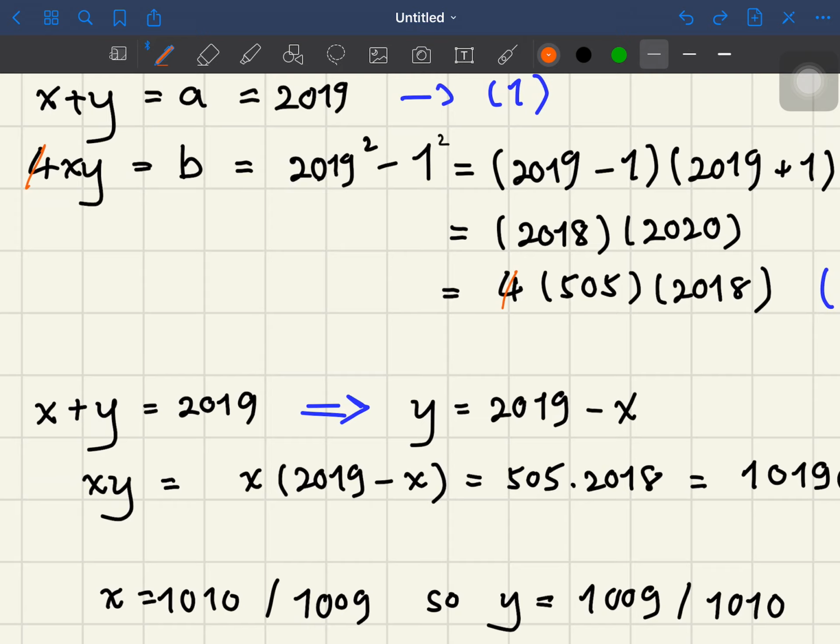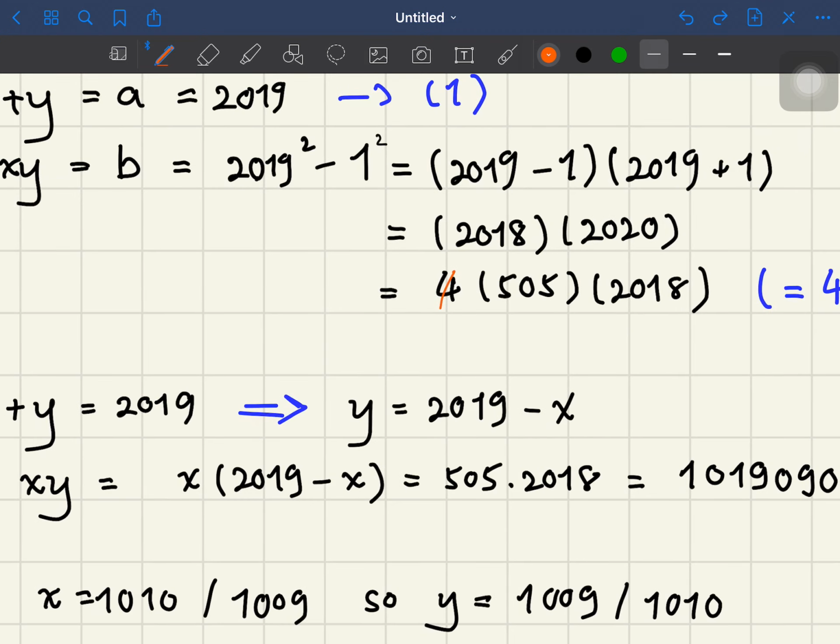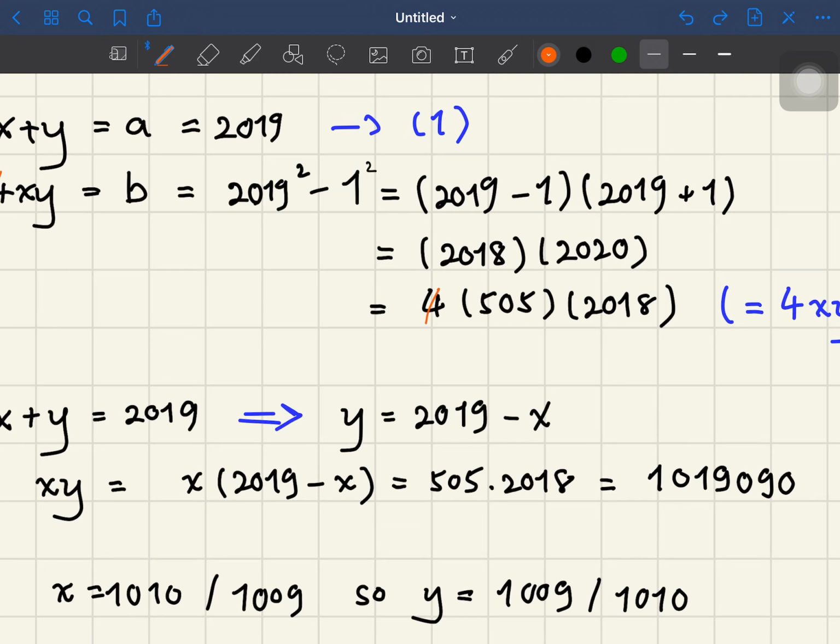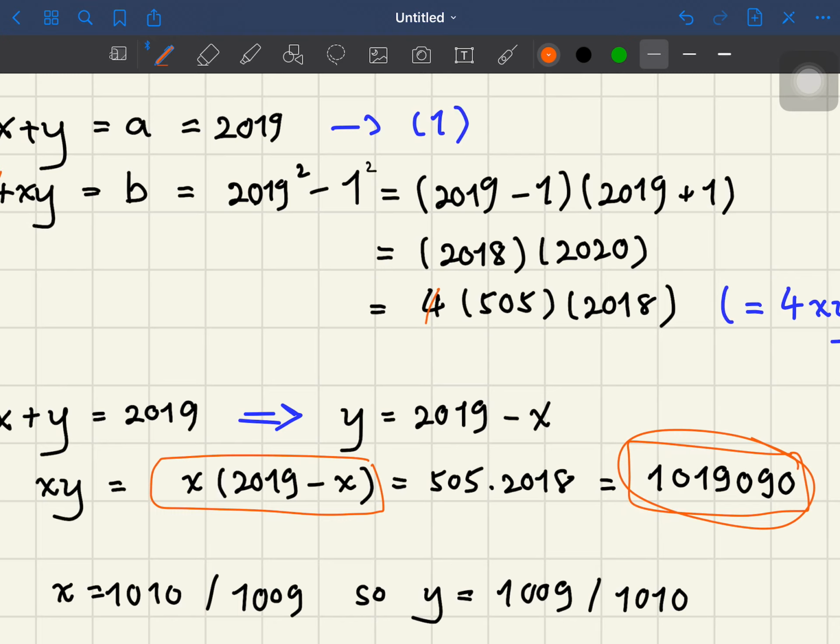Then x times y gives x times 2019 minus x, because you substitute y in terms of x, and you solve for x by equating this expression with this number. Just plug in the y here, and you will get this final expression.